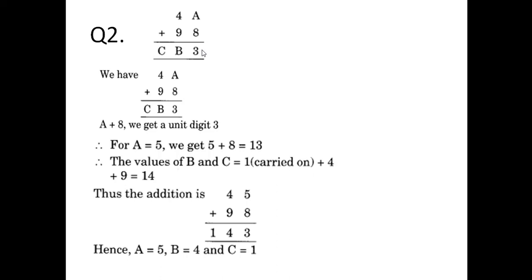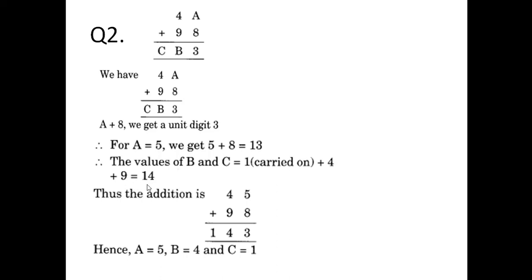By that we come to the conclusion that it is 13. So 8 plus 5 gives 13. So we write 5 plus 8 equals 13. Then the value of a is 5.